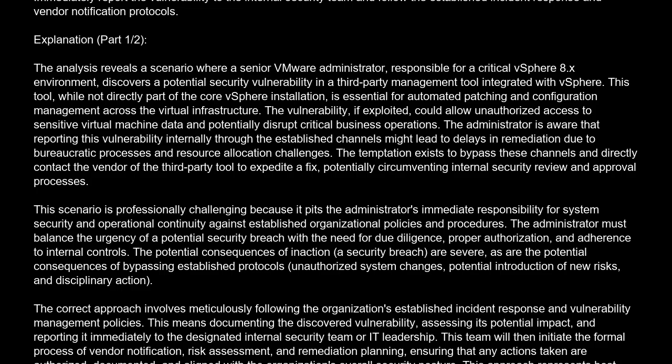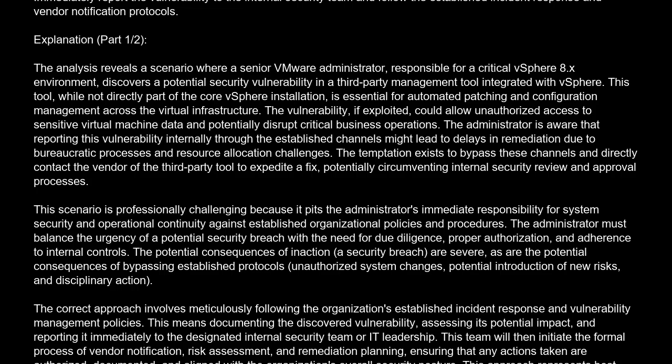The temptation exists to bypass these channels and directly contact the vendor of the third-party tool to expedite a fix, potentially circumventing internal security review and approval processes. This scenario is professionally challenging because it pits the administrator's immediate responsibility for system security and operational continuity against established organizational policies and procedures.